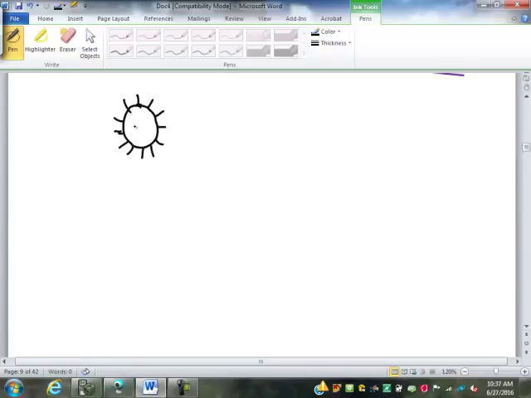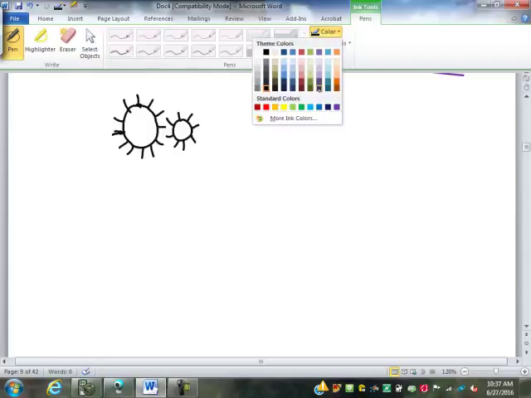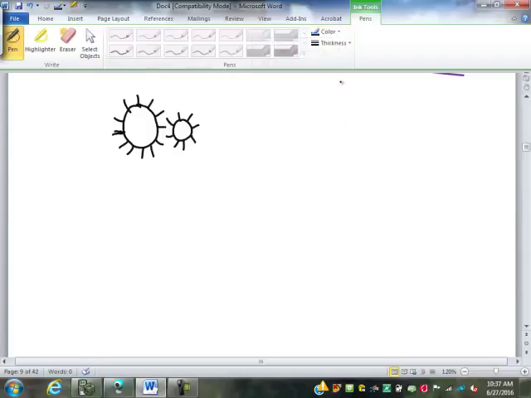No, that is not a sun. Any guesses? Yeah, those are gears. We're going to talk about gear ratio.